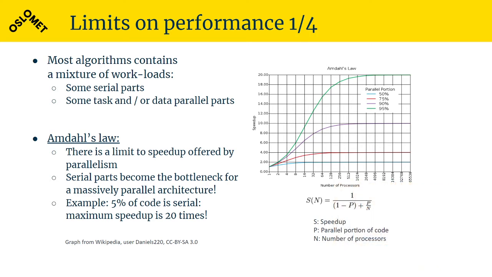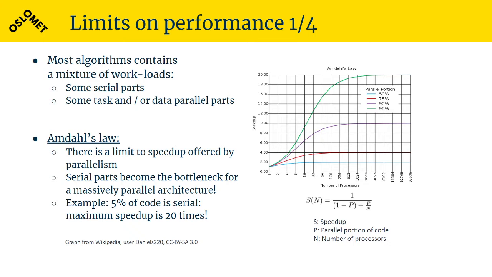Now, any algorithm you have will have a serial section, a part which you cannot parallelize. That means reading something from disk, writing something to disk, or some initialization and so on. And these cost. So even though you have a parallel section of your code, and you make that part of your code run infinitely fast, that's not going to do anything with the serial section of your code.